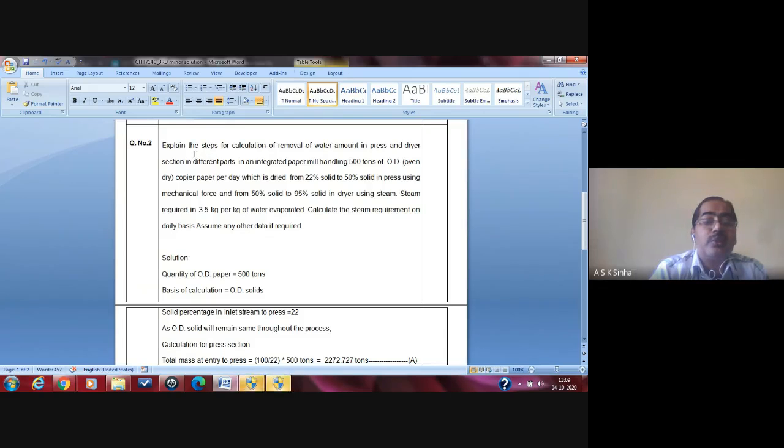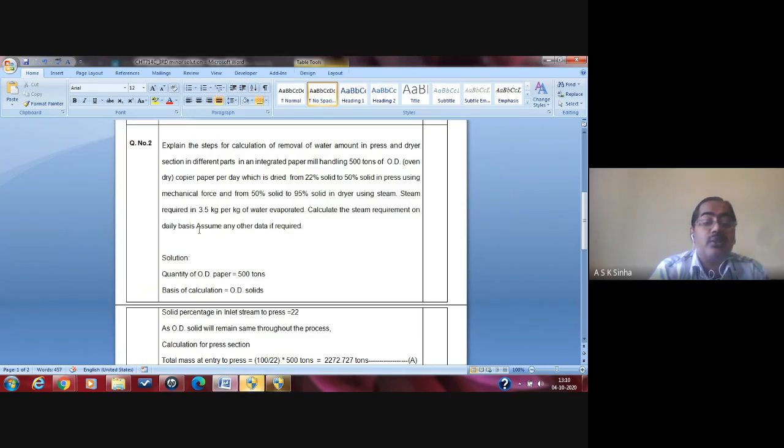See a simple numerical here. Explain the steps for calculation of the amount of water removed in the press and dryer section, in different parts, in an integrated paper mill handling 500 tons of oven dry copier paper per day, which is dried from 22% solid to 50% solid in the press section using mechanical force, and from 50% solid to 95% solid in the dryer section using steam.